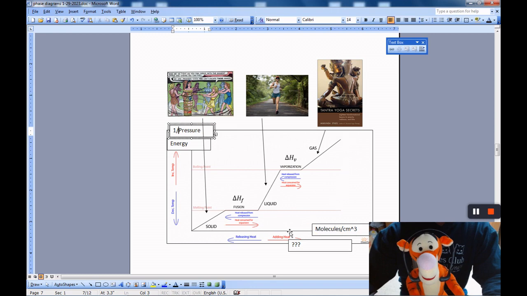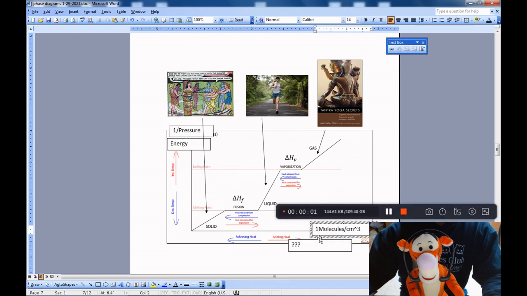So at a lot of, no, because then this would be 1 over that also, because this is lots of molecules, not a few. So this is the inverse of that. It'd just be easier to redraw the diagram, but for some reason I'm resisting doing that.